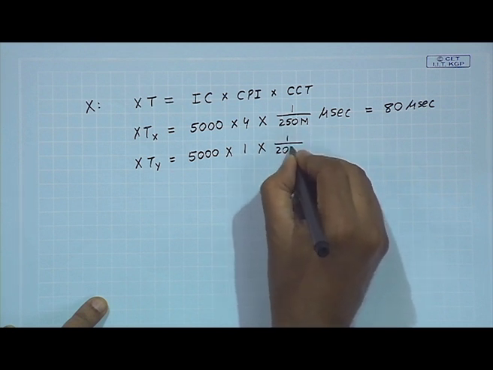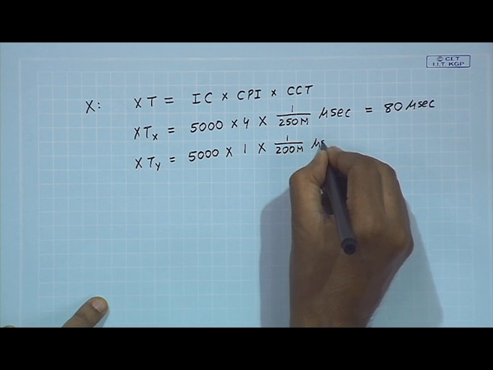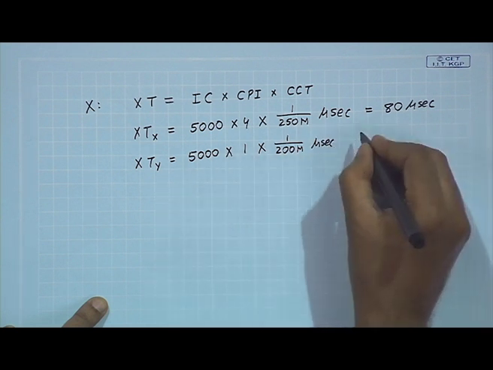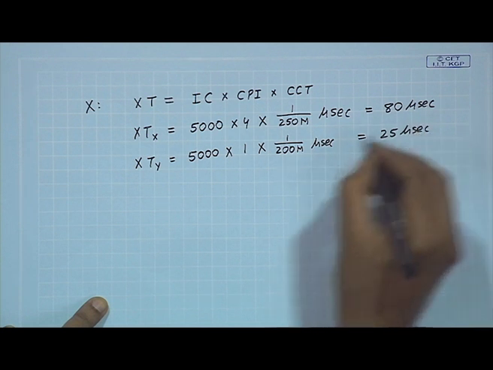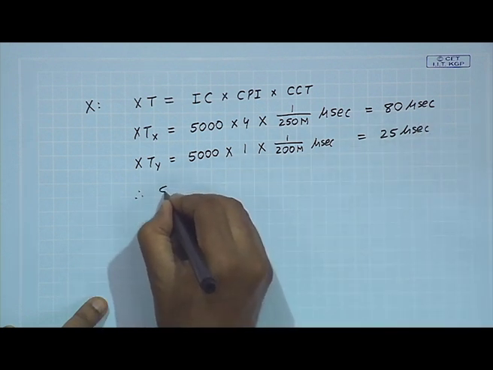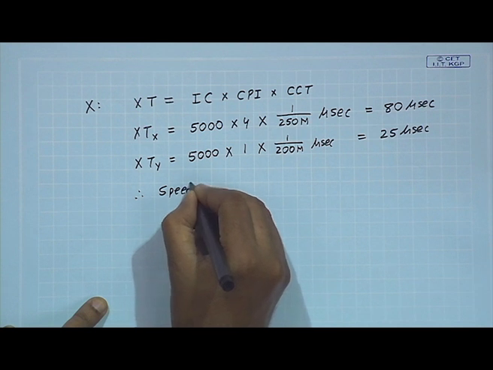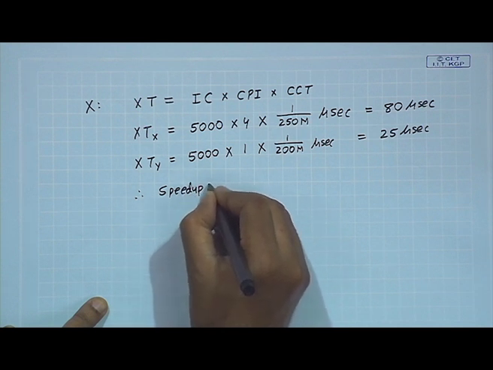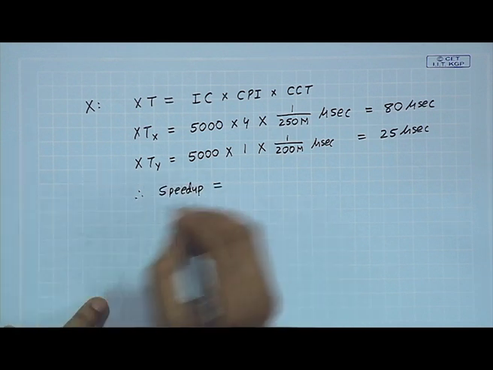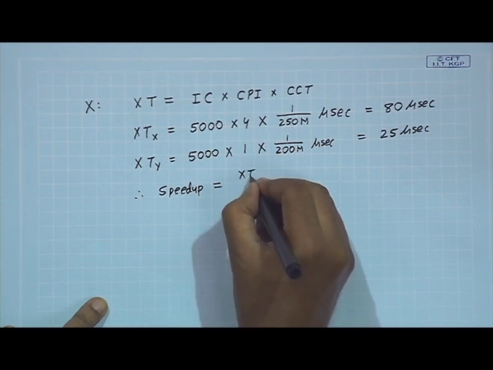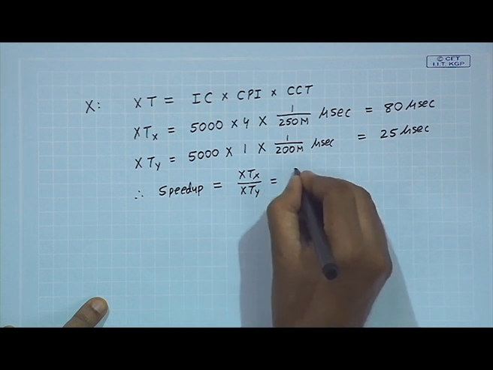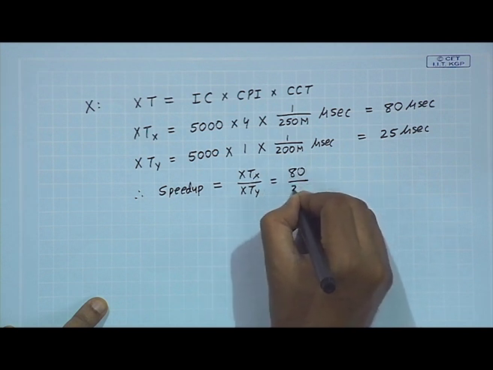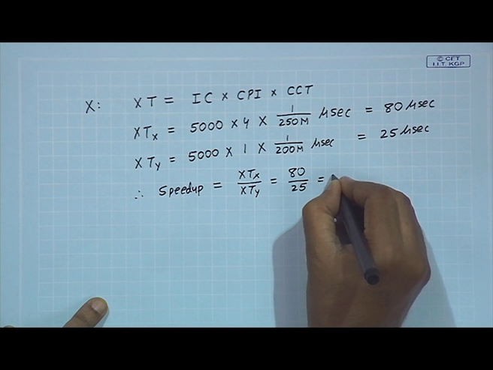So, if you just calculate, this comes to 25 microseconds. So, the first answer, the speed up: of course, Y is faster than X. The execution time of X divided by the execution time of Y, 80 by 25, is about 3.2.